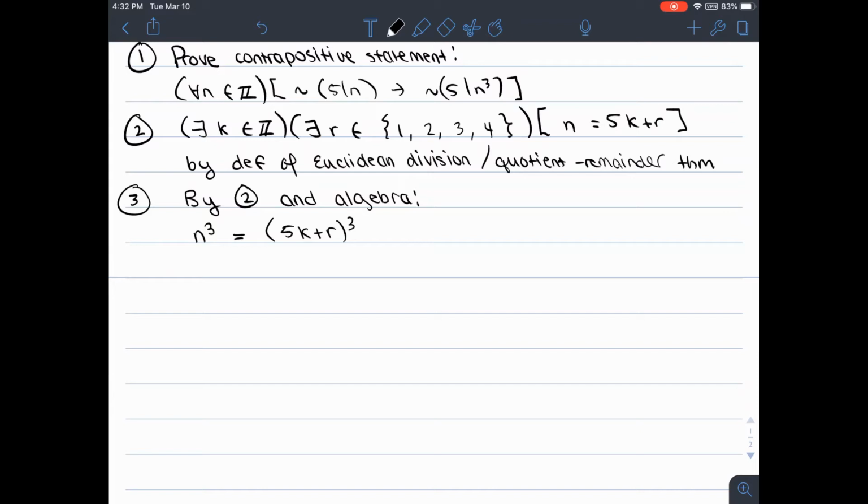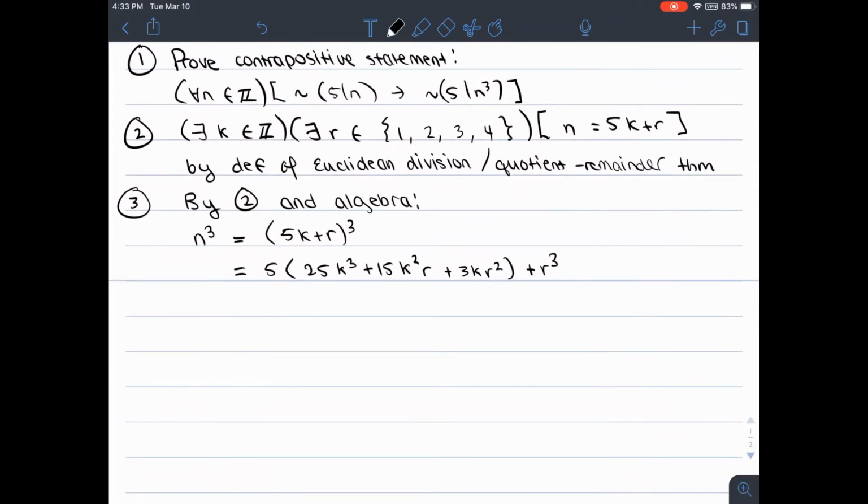Well, after doing some algebra, which I will skip the steps of to save some time, we get that n cubed is equal to 5 times (25k cubed plus 15k squared r plus 3kr squared) plus r cubed. Notice how I've taken out a 5 here, and I have a remainder left here of r cubed.